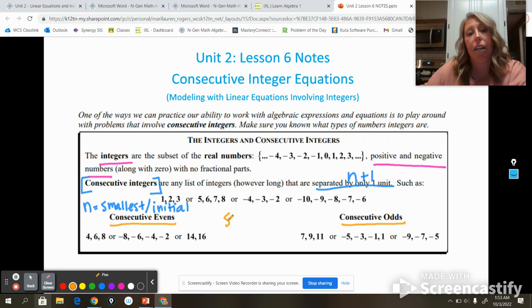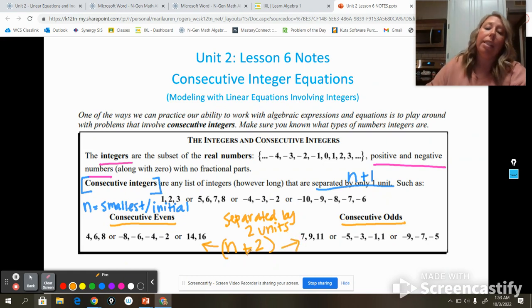They are separated by two units. And so because of that, their pattern is n plus 2 for both of these.